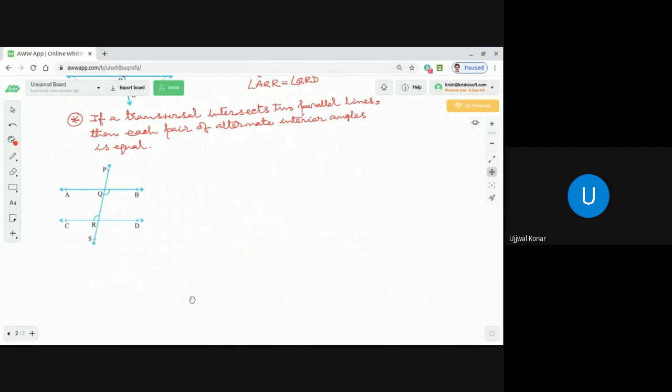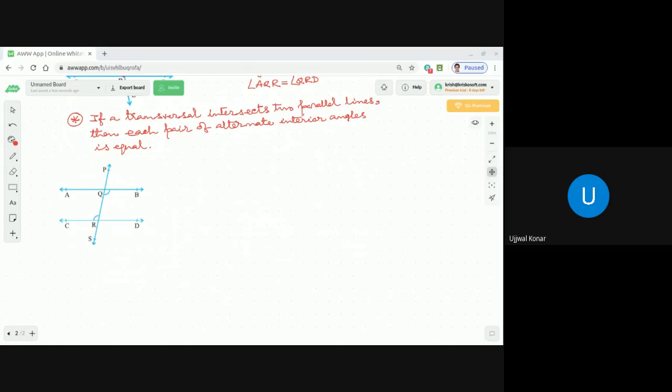In the diagram, the transversal PS intersects the lines AB and CD at points Q and R respectively, such that angle BQR is equal to angle QRC. Correct? Now, from here, can we say that AB is parallel to CD? Hopefully, let's derive it.